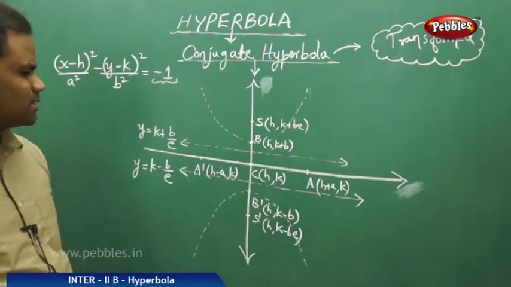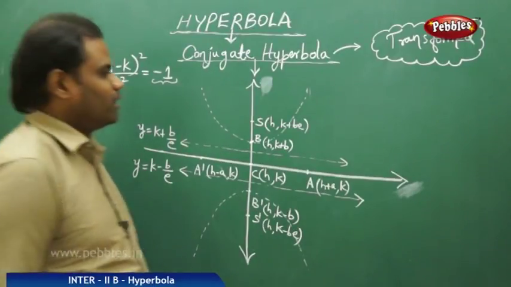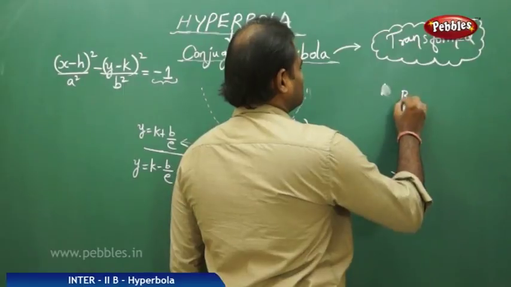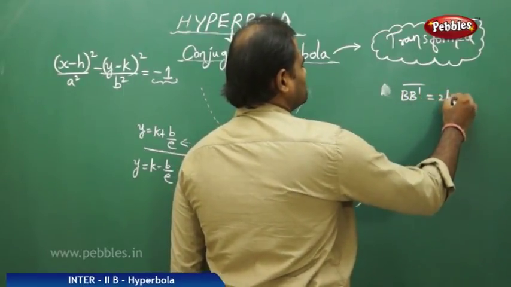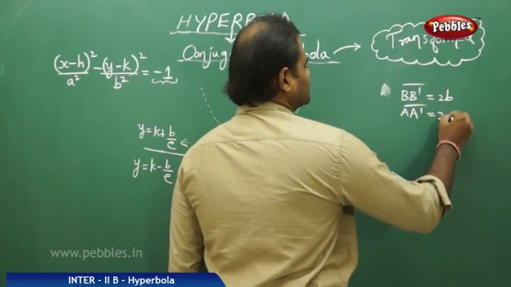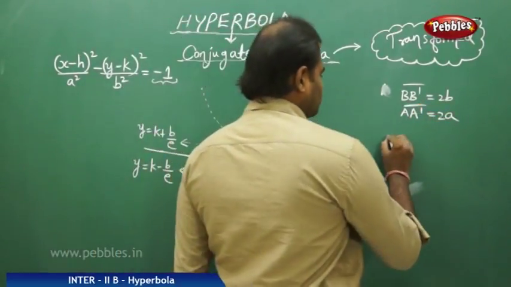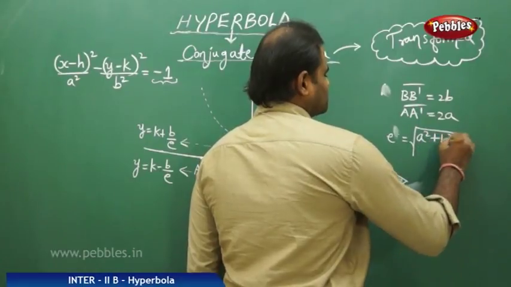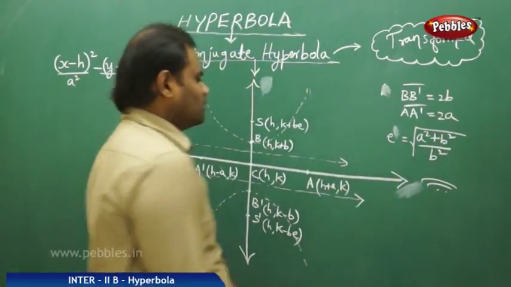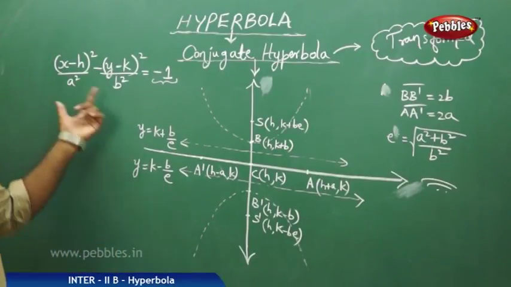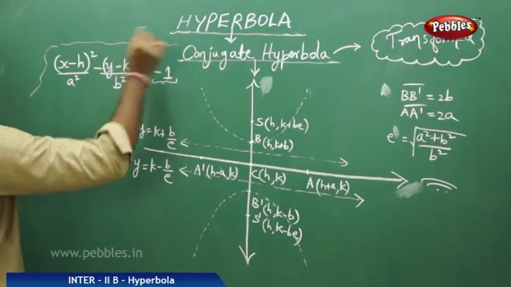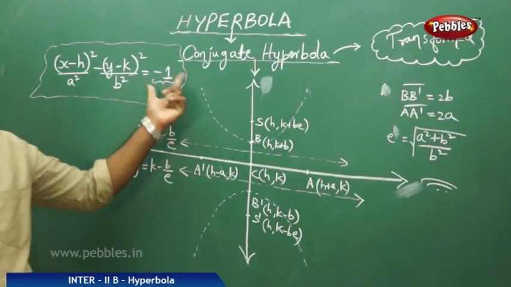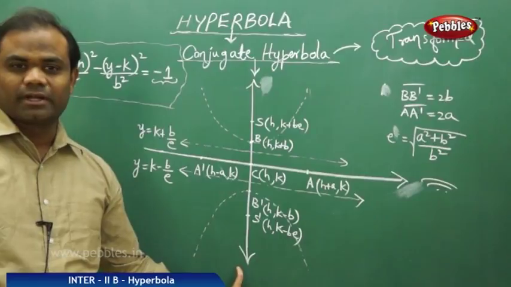So each of the properties are derived through the formulae where the length of transverse axis of the conjugate hyperbola is given by 2b, and length of conjugate axis is given by 2a, and e is root of a square plus b square by b square, are the ones which we identify for the transformed hyperbola, x minus h whole square by a square minus y minus k whole square by b square equals minus 1 in its transformed form.